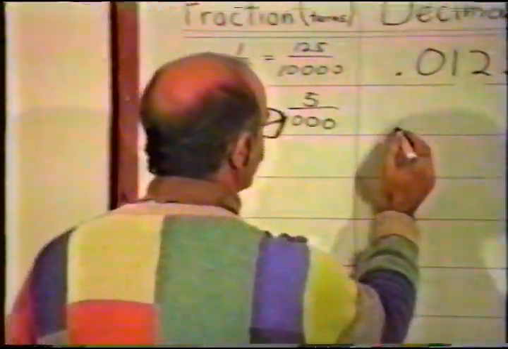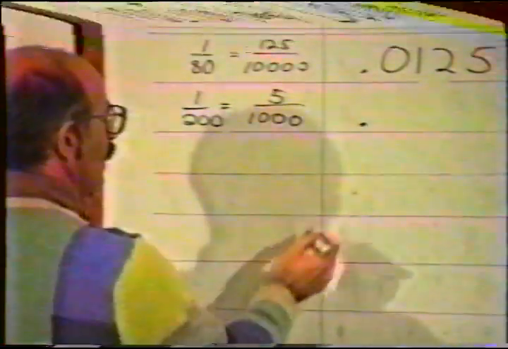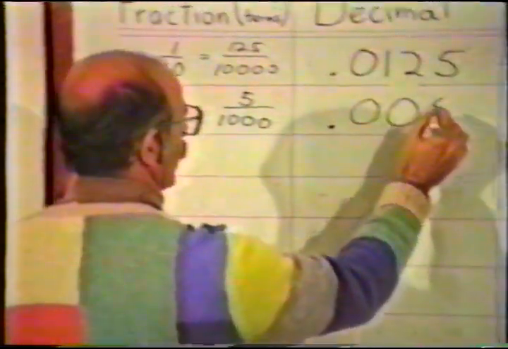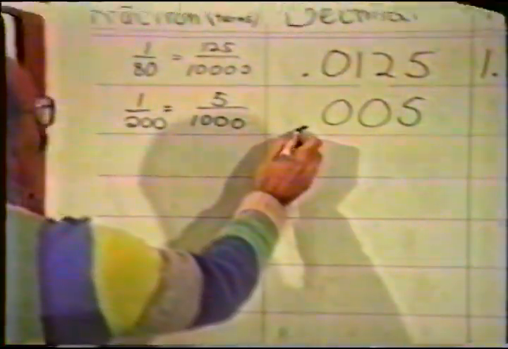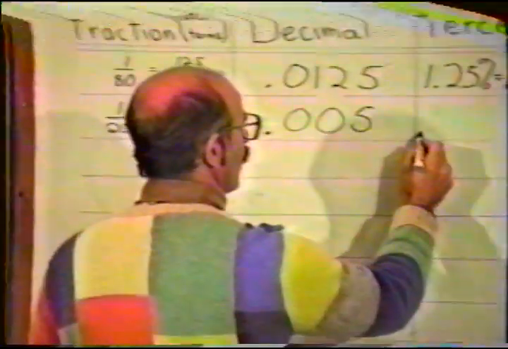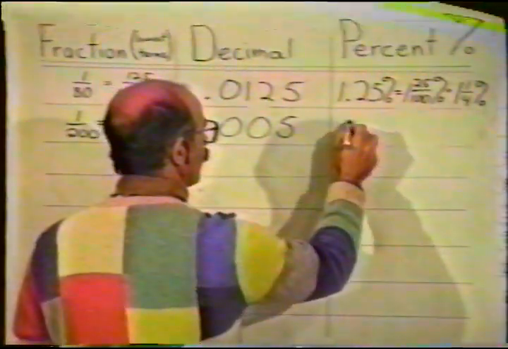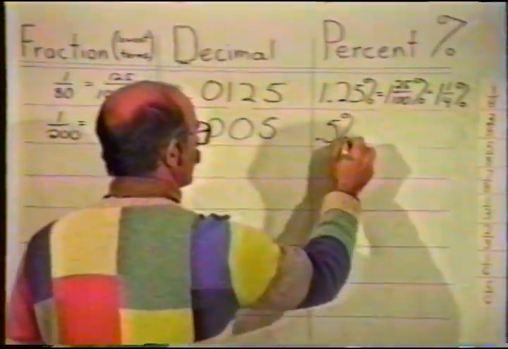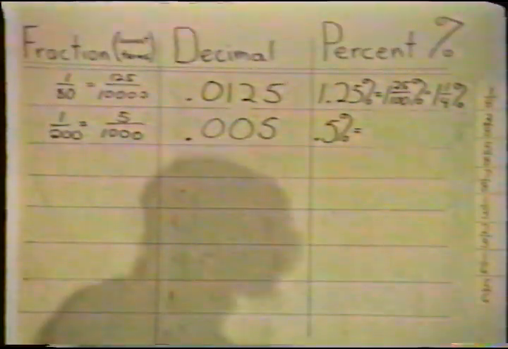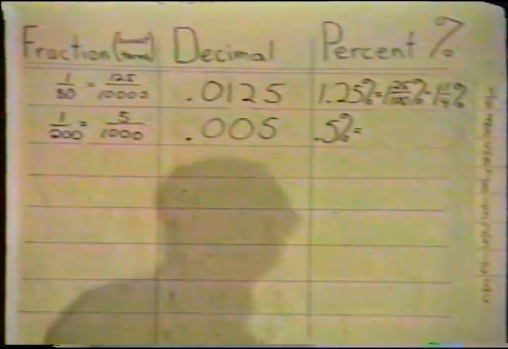How do I write that as a decimal? 0.005. I'm going to move it over 2 places to the right to make it into a percent. 0.5%. Please read me that number. 0.5%.